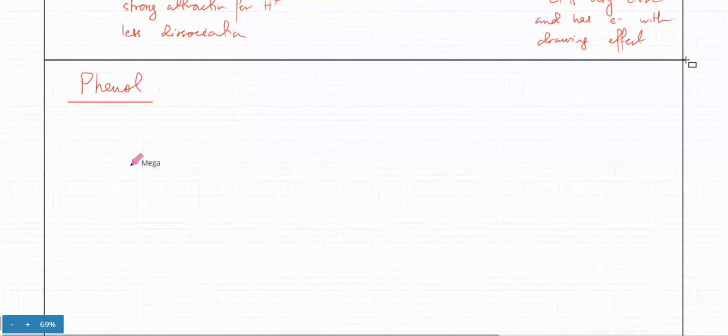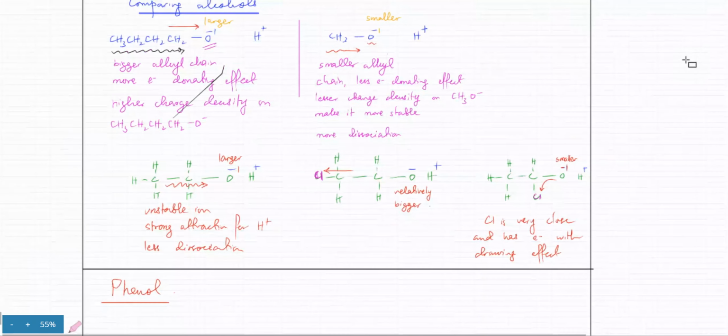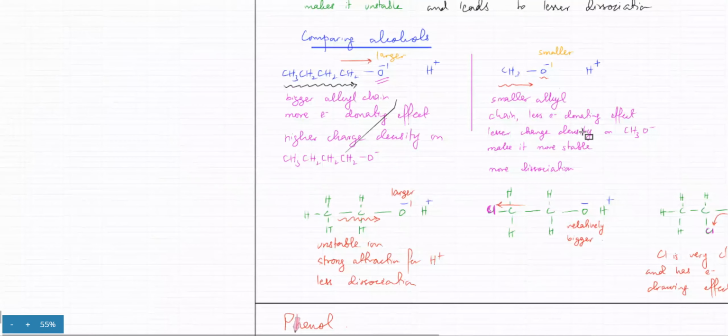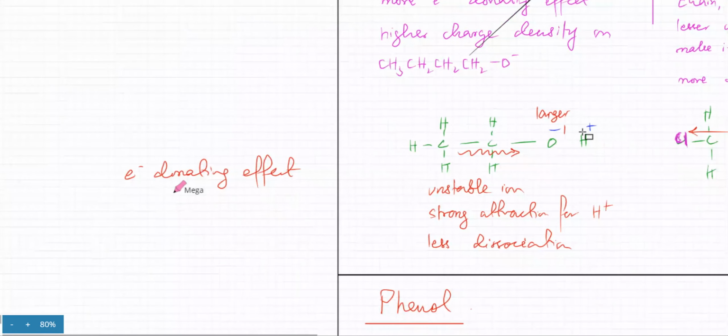Phenols are the one in the middle. ठीक है. The same concept would apply. Okay, if you have an electron donating effect, I'm going to write the whole idea, which is, the summary is that if you have an electron donating effect, so electron donating effect makes the acid weaker.